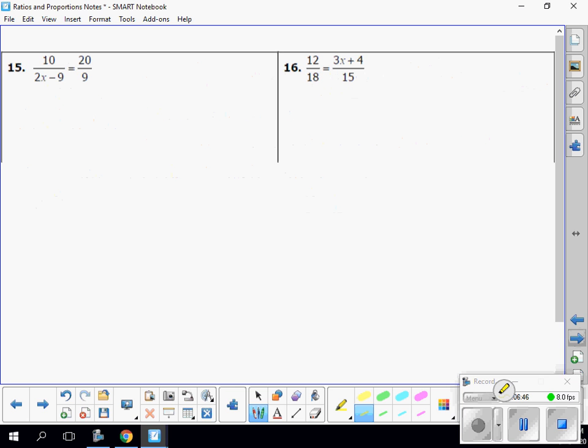So I'm going to multiply what's across from each other. So across 10 times 9, and across 20 times, we have to make sure we put that whole denominator in parentheses, because we're going to have to distribute to both terms. We can't just give it to one term. So anytime you see a binomial that's something with two terms, we need to make sure we're distributing properly.